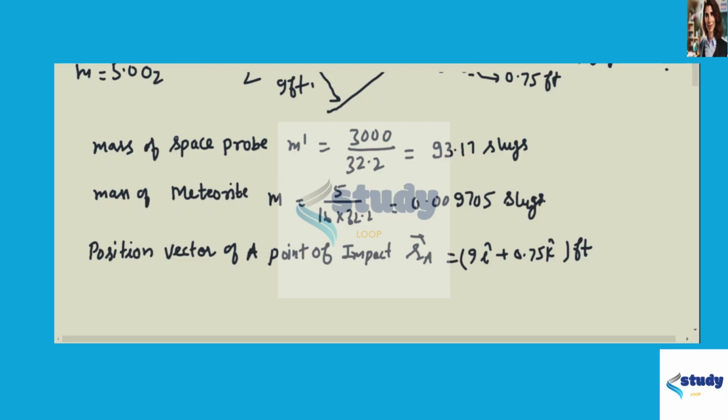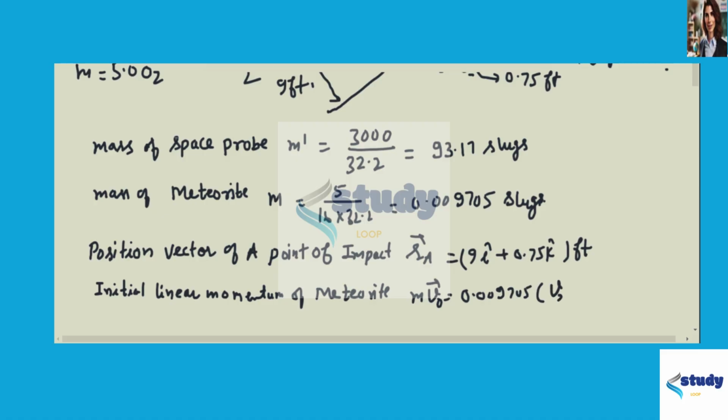Initial linear momentum of meteorite, m v naught, is equal to 0.009705 into Vx i cap plus Vy j cap plus Vz k cap.